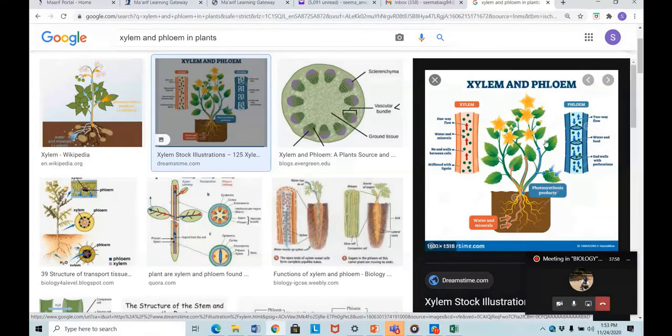Similarly, the phloem, what does it do? It carries the sugars which are made by the leaves by the process of photosynthesis to the rest of the plant. Do you see how they function inside? Hanatofi and the other girls?